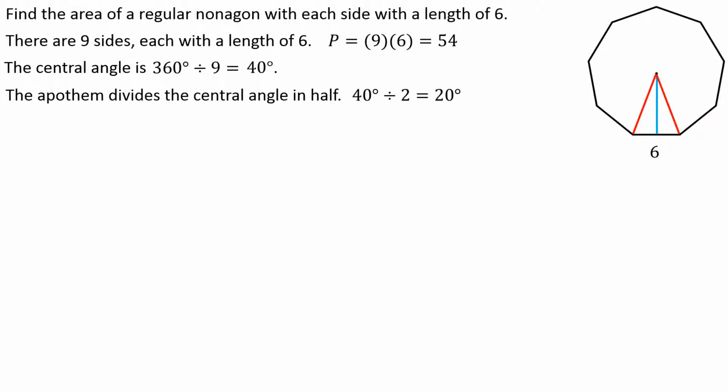But when I put the apothem in there, that central angle is cut in half. So 40 degrees divided by 2 is 20 degrees. And of course, it also cuts that side in half. So I don't really want to work with that 6. I want half of that, which is 3.